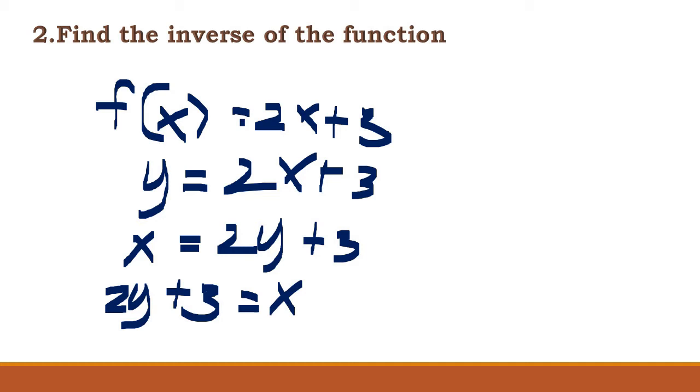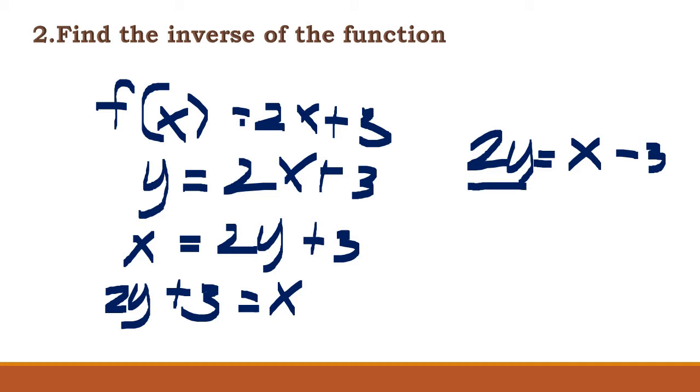In order to isolate y, we transpose 3 to the right side so that positive 3 will become negative 3. Then divide both sides by 2 and cancel.